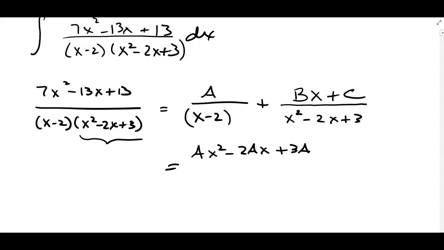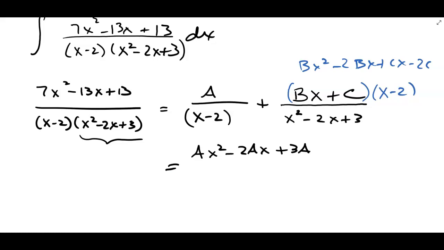So you've got to do a little bit more work on this one because we have to now take and multiply that by x minus 2. So what is that going to look like? Well, bx times x is bx squared, minus 2bx plus cx minus 2c.